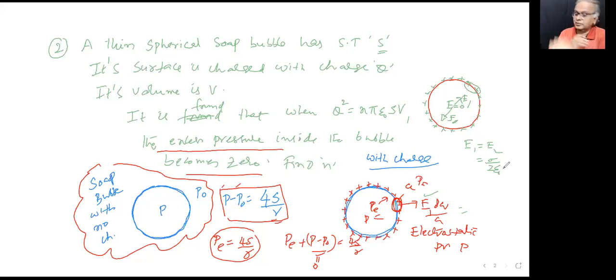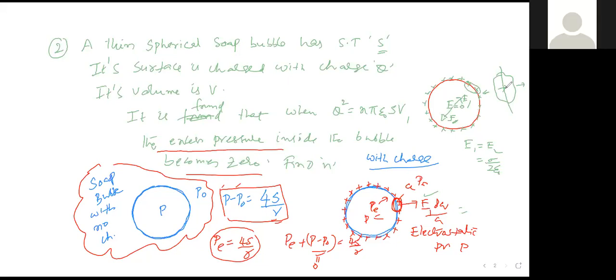For any shell, E is 0 because I can think it to be having two parts: sigma by 2 epsilon 0 this way, sigma by 2 epsilon 0 that way. But for a shell, what happens? Outside, sigma by 2 epsilon 0 of two shells add up. Inside, they cancel out. Isn't it so?